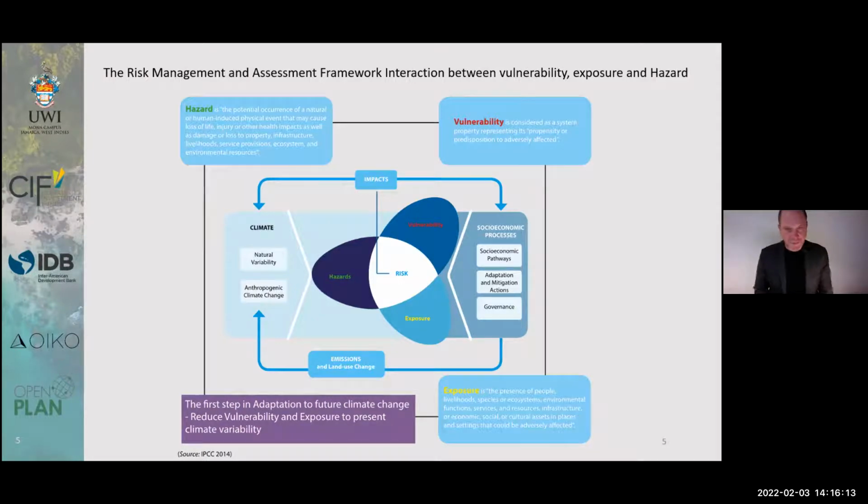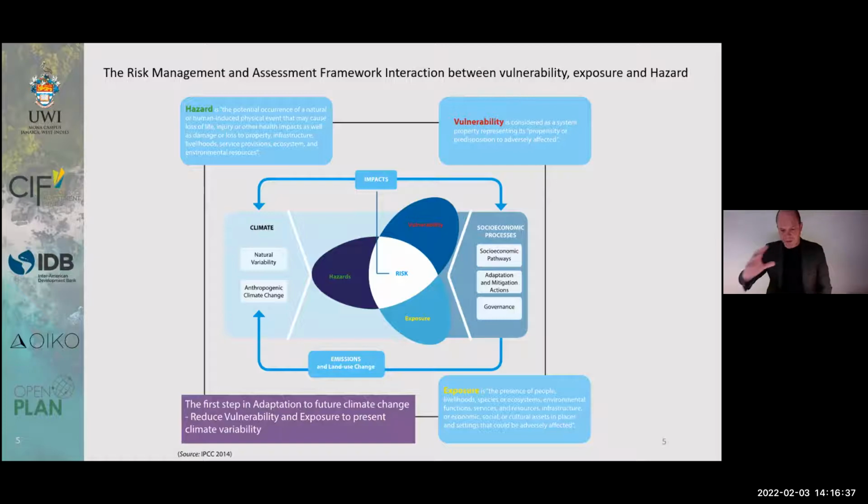Natural variability of climate can be, well, some of you are probably familiar with this downscaling. You have stochastic scenarios for climate change in the future. You can reduce this to specific applications for each country, depending, of course, on the precision of the models.